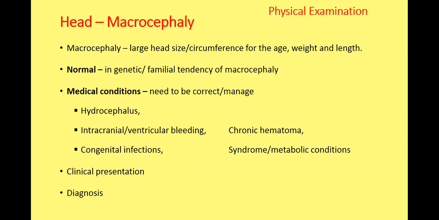Medical conditions in which macrocephaly is found: macrocephaly is commonly found with cephalohematoma, intraventricular hemorrhage, intracranial bleeding. These are abnormal conditions, or usually macrocephaly is found in hydrocephalus. Some congenital infections like TORCH, metabolic syndrome, and severe anemia are also factors that cause macrocephaly.